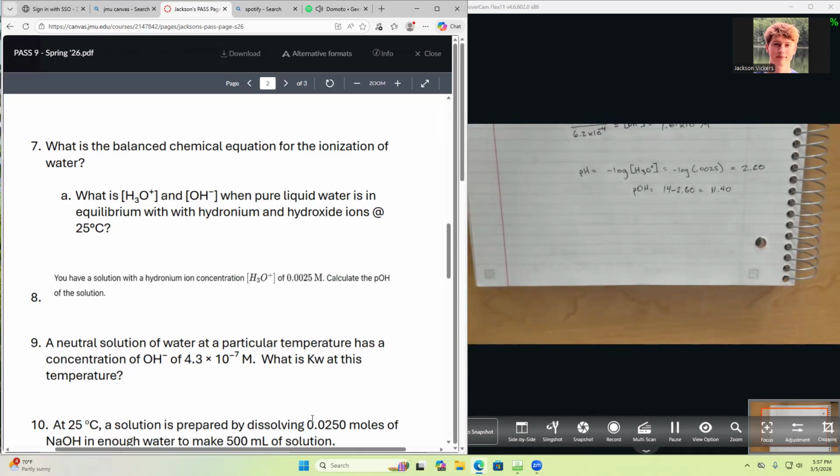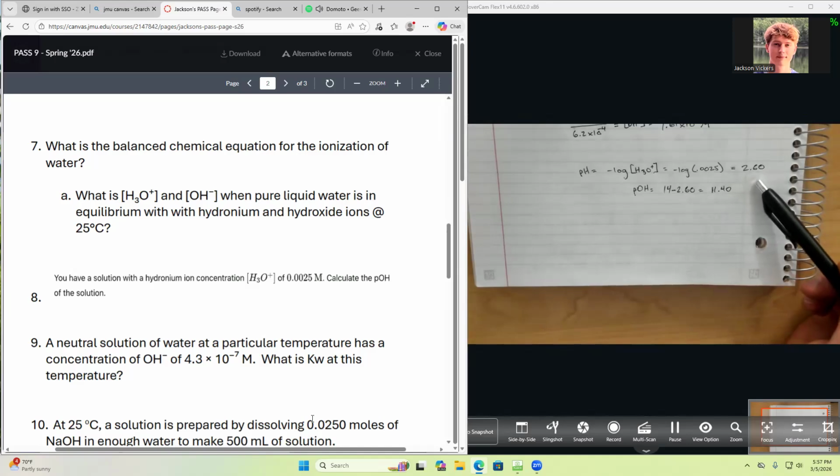And anytime we have a concentration of either hydronium ions or hydroxide ions, we can go straight to either pH or pOH, respectively, by doing the inverse log of that. So pH is inverse log of that concentration. That gets us 2.60.